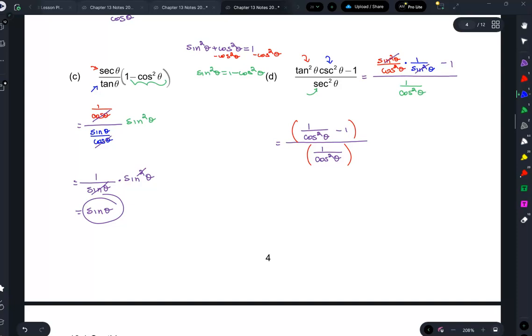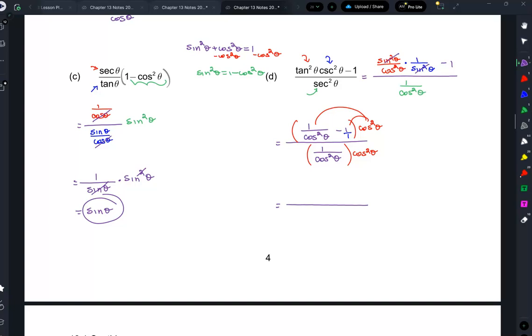So I have the cosine squared on top, 1, and another cosine squared. The common denominator is cosine squared theta. So let me do this and I'll take questions. I'm going to multiply this by cosine squared, multiply this by cosine squared. This is like what we did in chapter 8. Distribute, distribute. Okay.